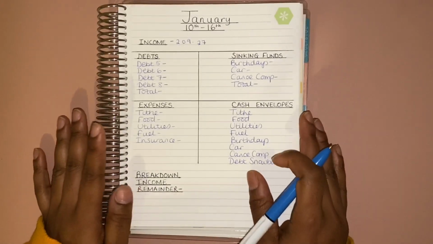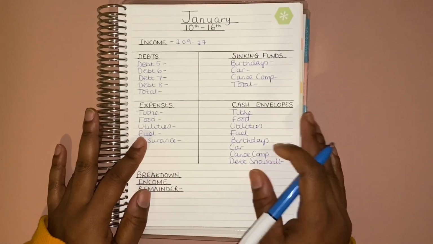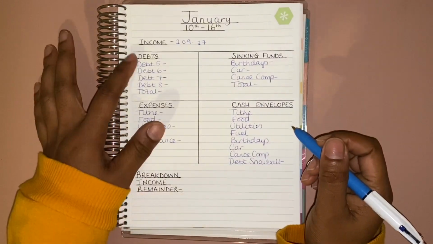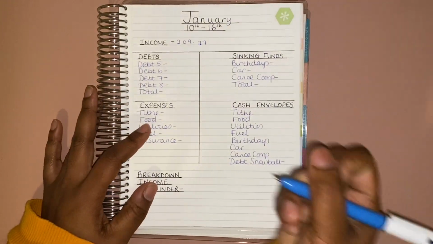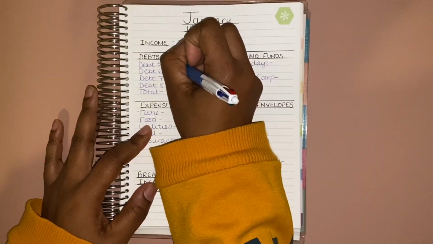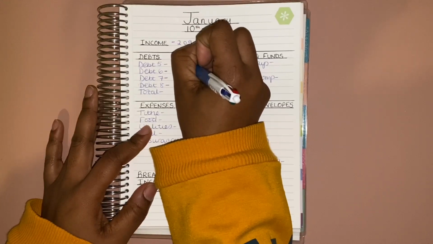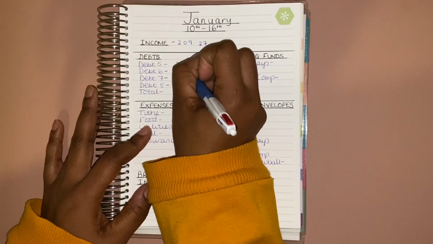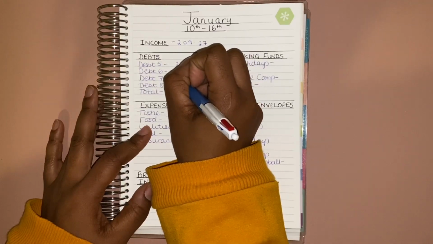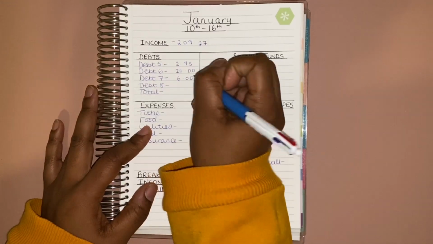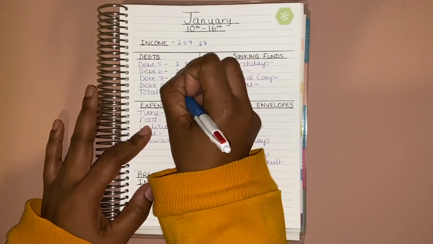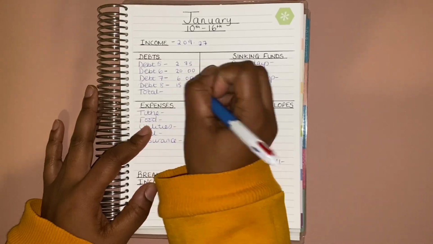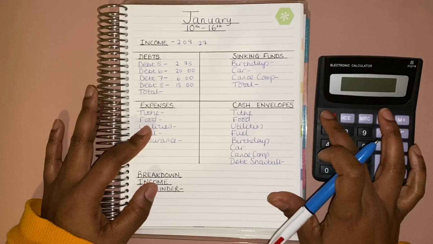So this week I'm expecting 209.27. As usual, I'm paying debts 5, 6, 7 and 8. So for this week it's 275 for 5, 20 for 6, 6 for 7, 15 for 8. So I'm just going to total those up.